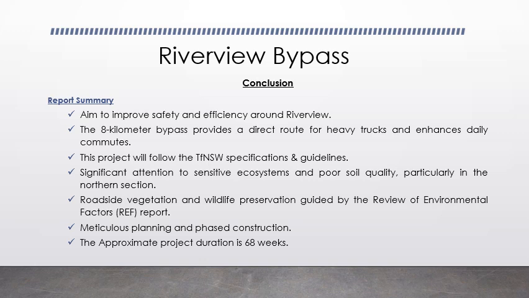This project will be meticulously planned and executed in phases to minimize disruption and ensure that each stage is completed efficiently and safely. We anticipate that the project will take approximately 68 weeks to complete. Together, we are paving the way for a safer and more efficient future for Riverview with this project.